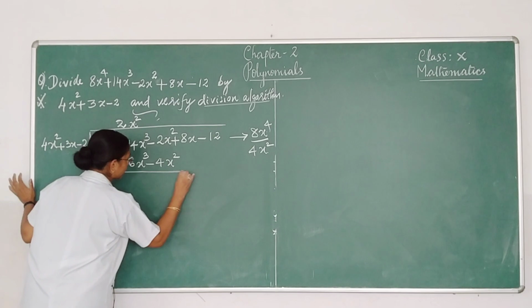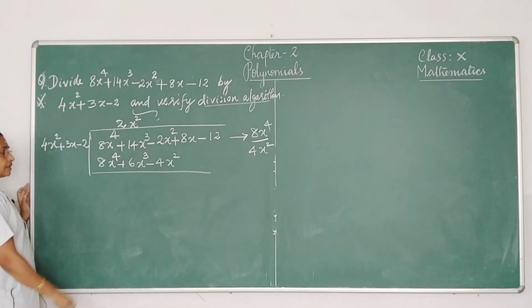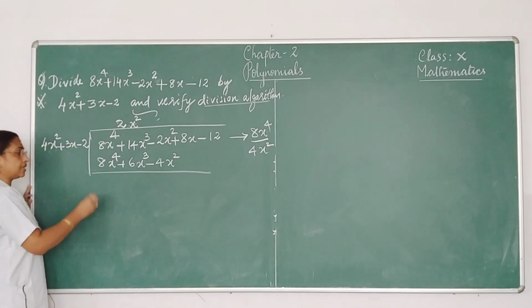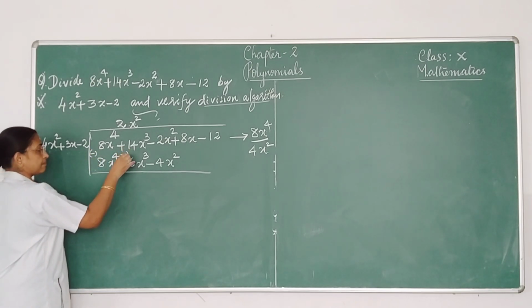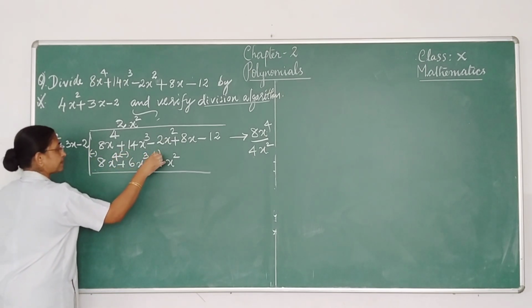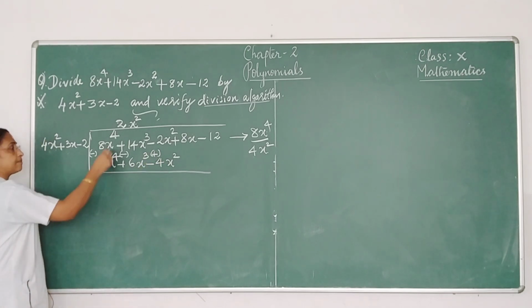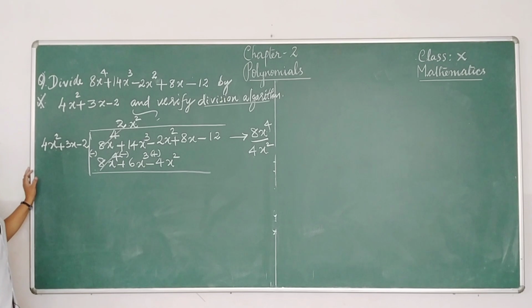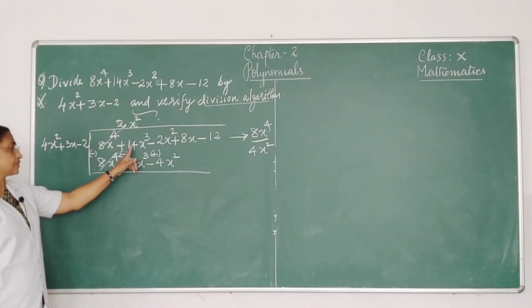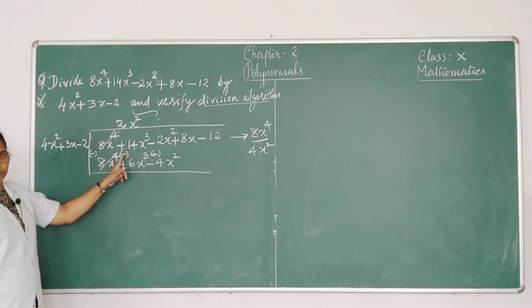After writing, what do you want to do? You have to subtract. Change the sign of the below expression. Plus becomes minus. Plus becomes minus. Minus becomes plus. So that plus 8x raised to 4 minus 8x raised to 4 get cancelled. Now plus 14 and the sign of the bracket is minus.